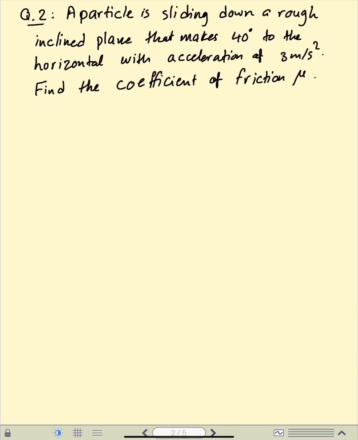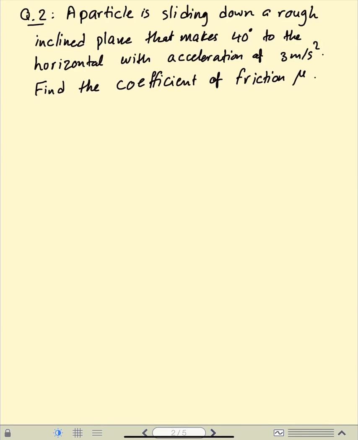Question 2. He's saying a particle is sliding down a rough inclined plane that makes 40 degrees to the horizontal, with acceleration of 3 meters per second squared.